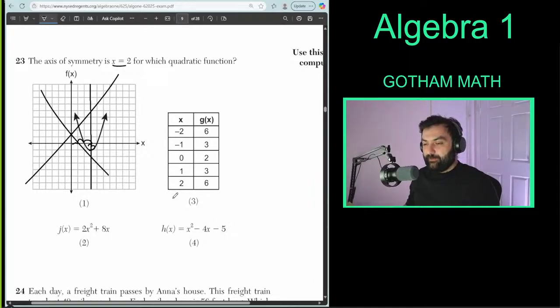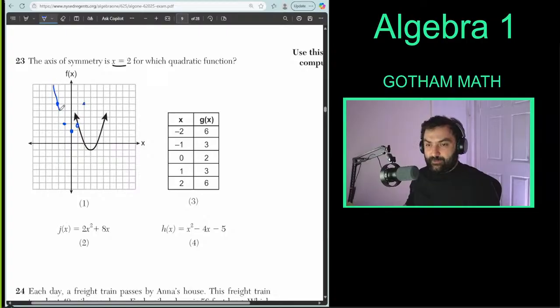And now those guys. All right, so here what I would do, I would probably graph this if I had a graphing calculator. You know what, I would just be bold and graph it right here: -2, 6; -1, 3; 0, 2; 1, 3; 2, 6.